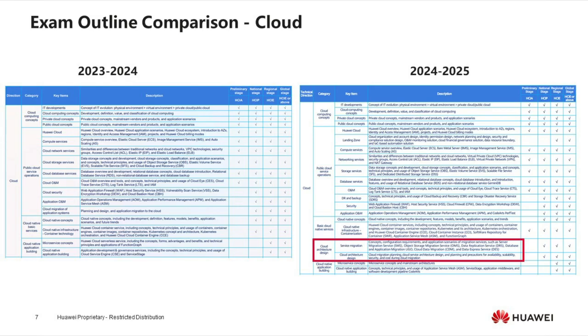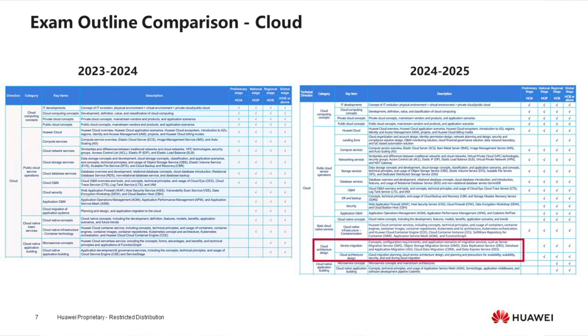Maybe you can't see it very clearly, I will show you here. The largest change that happens here is about cloud architecture design. There are two parts involved in cloud architecture design. The first one is about service migration, and the second part is about cloud architecture design.